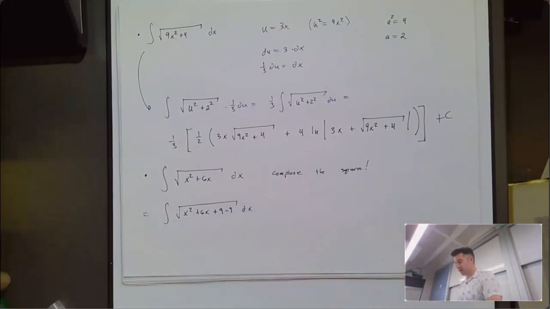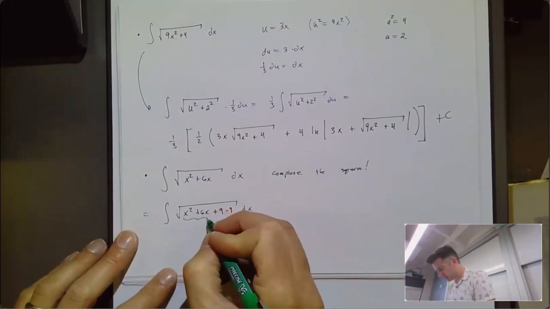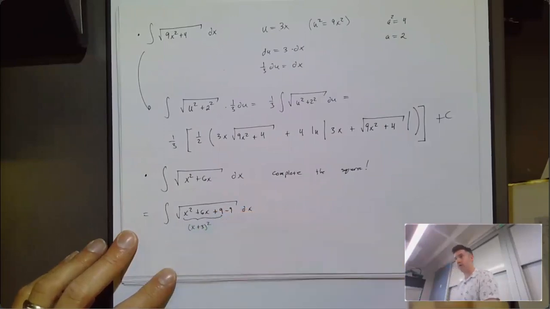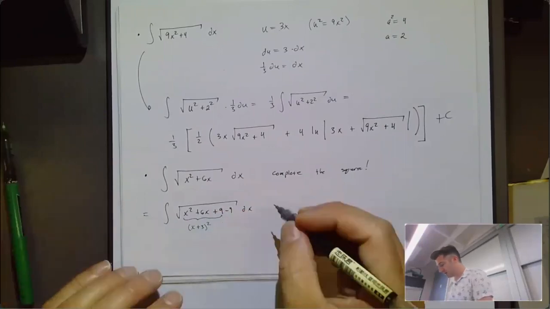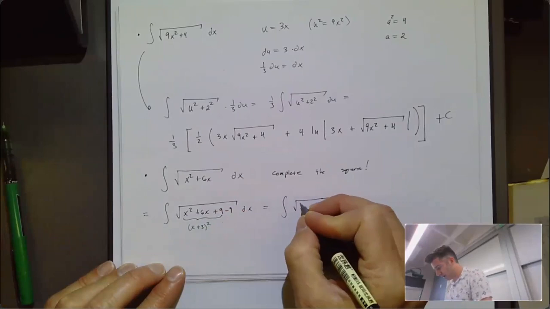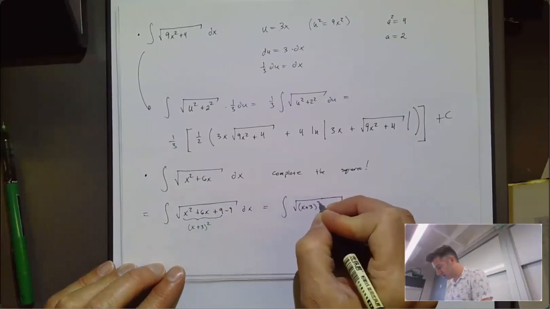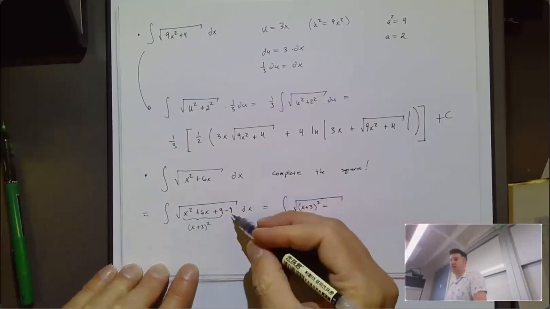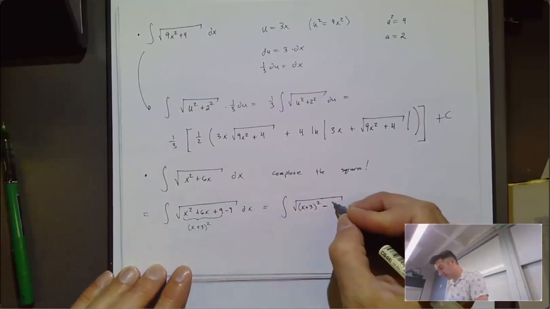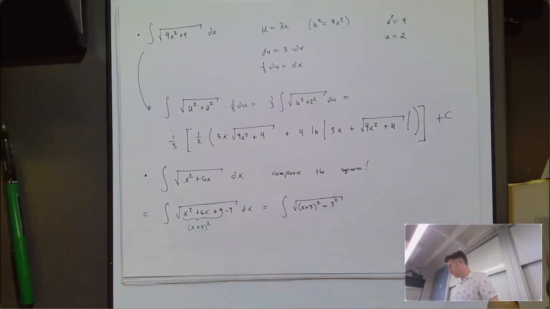So then the idea here is that x squared plus 6x plus 9 is x plus 3 quantity squared. So now I can rewrite this as the integral of the square root of x plus 3 squared minus, instead of writing minus 9, I'm going to write minus 3 squared, just to really emphasize that we're using the same formula that we used before.